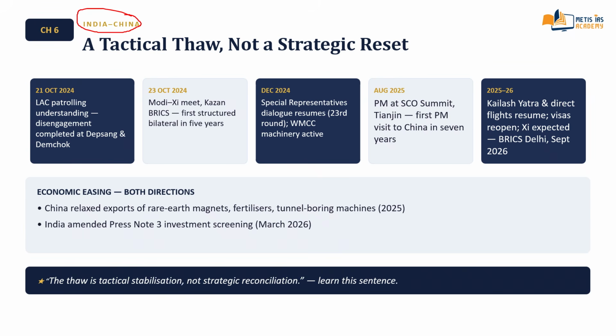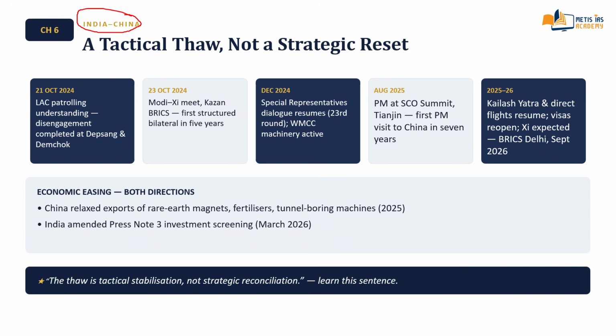For UPSC, the objective is not to memorize events, it is to understand the strategic logic that shapes this relationship. Let us begin with the first principle, that is India-China relations are characterized by cooperation and competition existing simultaneously.